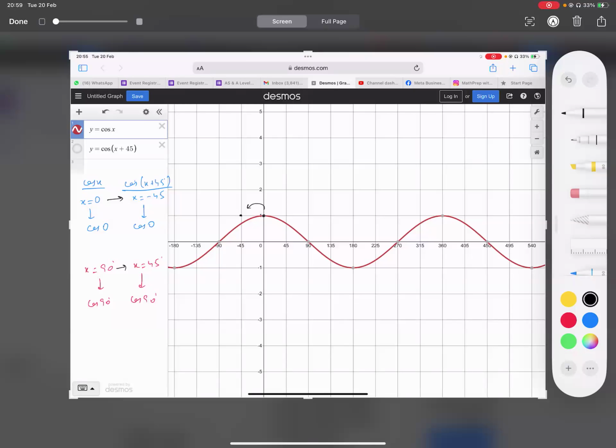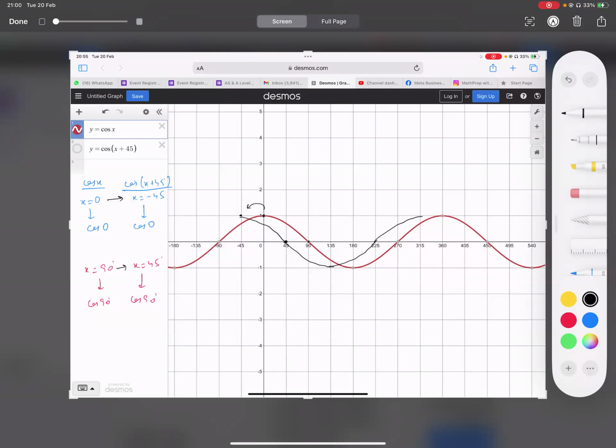And the point at 90, which was here, that is going to move 45 to the left here. And that is exactly what's going to happen to every single one of these points. And the graph is going to shift to the left by 45 degrees using this logic. This is what it looks like.